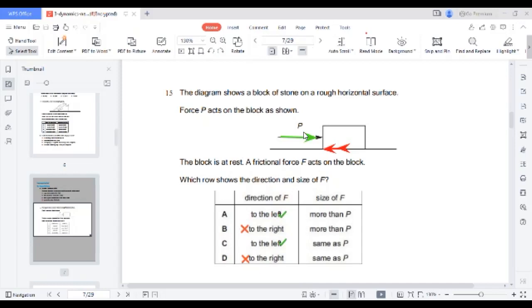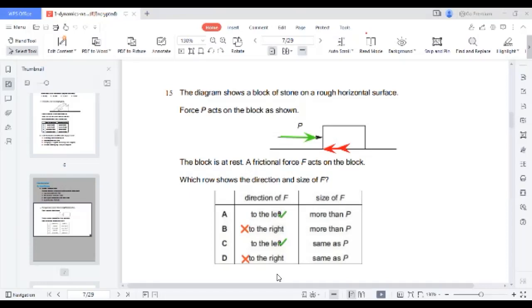And the size of the friction force: more than P, same as P. When the object is in a rest state, it means the acceleration is 0.